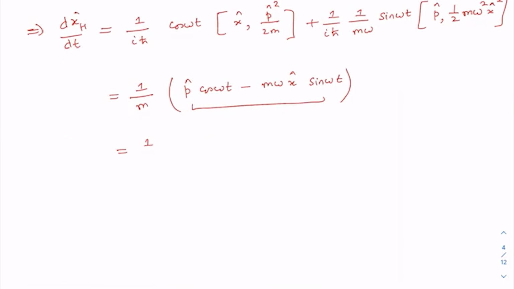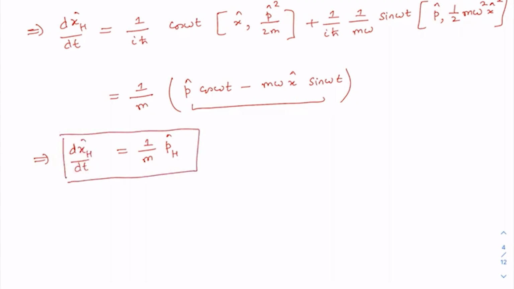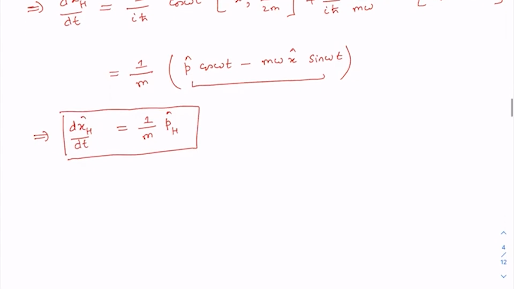So therefore you have 1 by m p_H. So this is the Heisenberg equation of motion for the position operator. And similarly you can show that dp_H/dt, the Heisenberg equation for the momentum operator, would be minus m omega squared x_H of t.